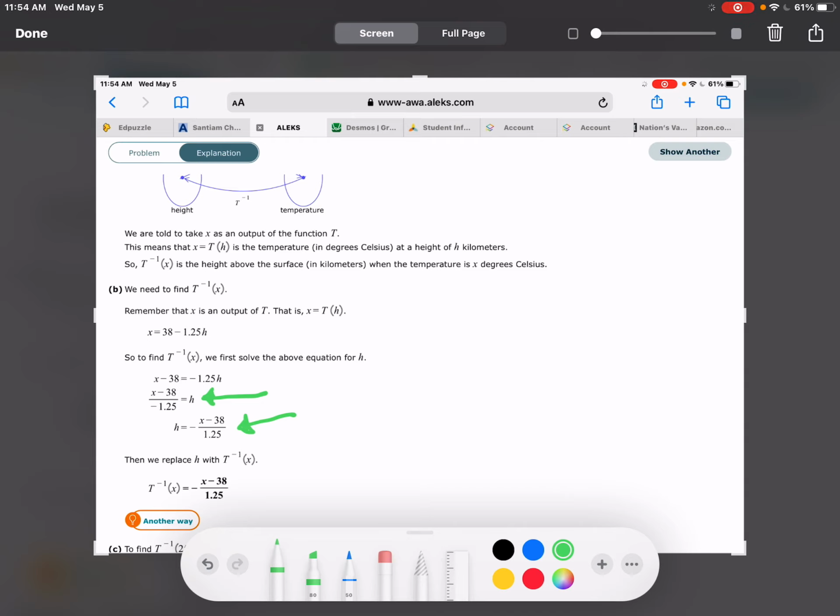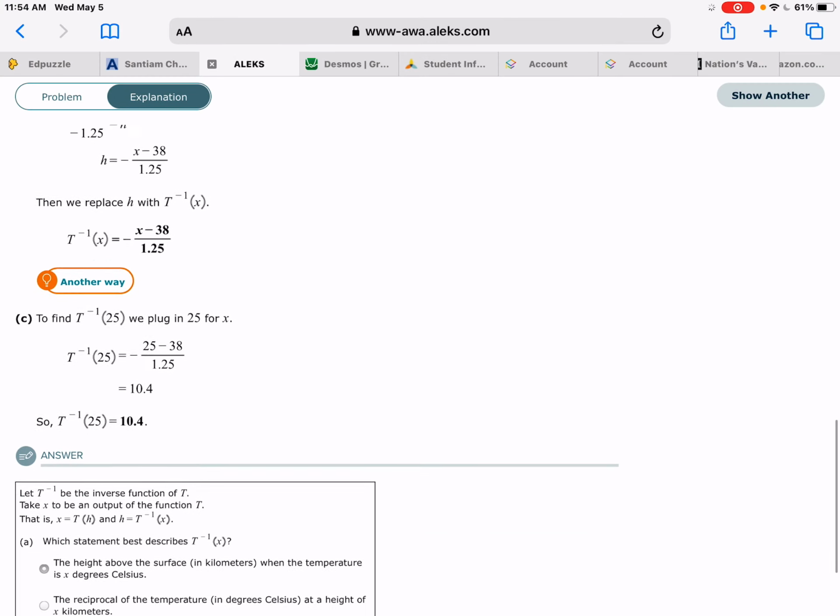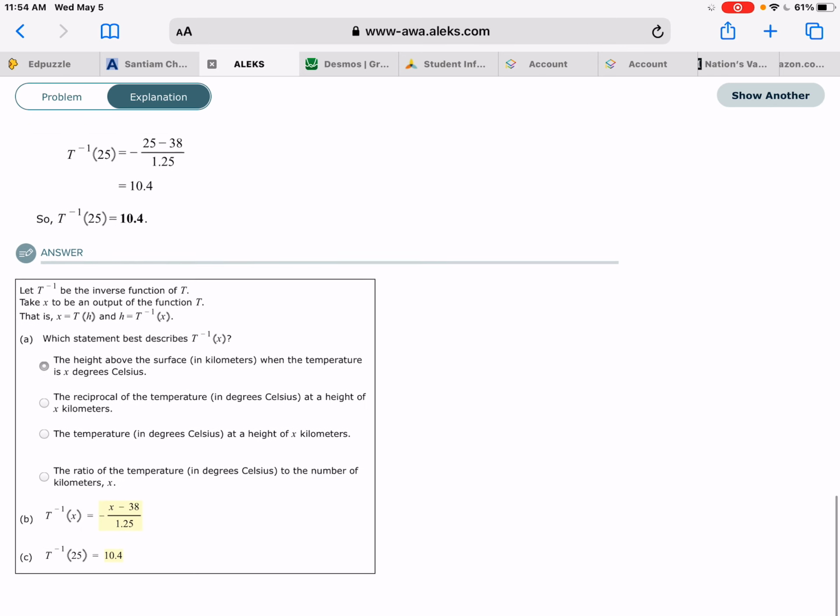Notice that they switched around and multiplied by a negative. I find that just a bit confusing, but actually all they did is move that negative out to the side. They didn't actually really redo anything, they just moved that negative out to the side. And then let's make sure that they got the same answer, which they did, just like that.